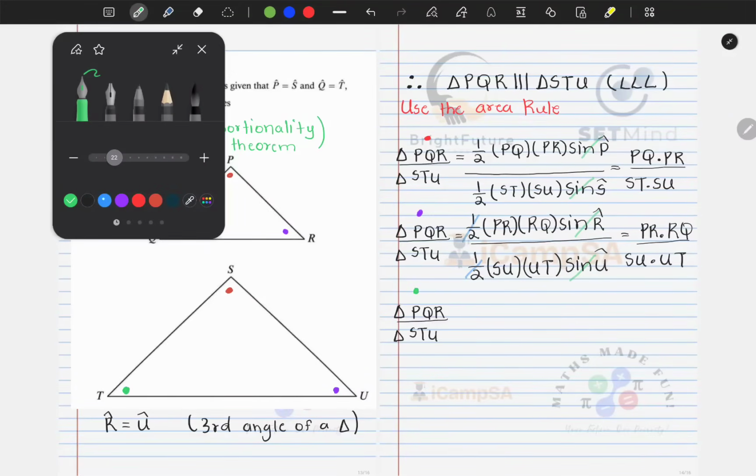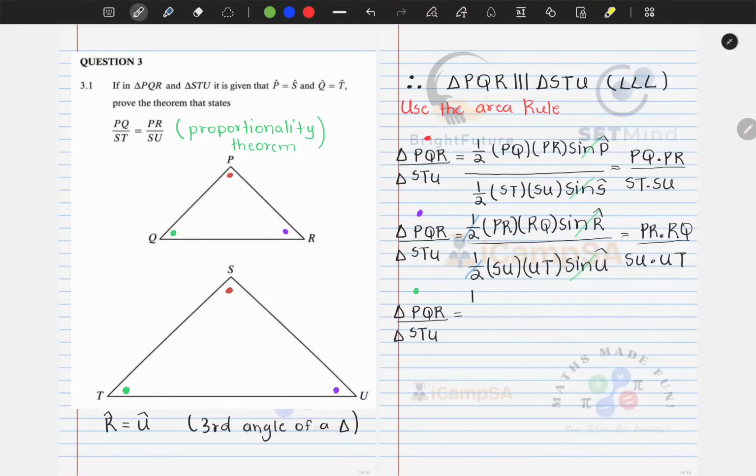So if you use the green angle, you will see that what you end up having is half of, from the green angle, we have ST times UT. Sorry, now I'm looking at the bottom one first. Let's look at the top one.